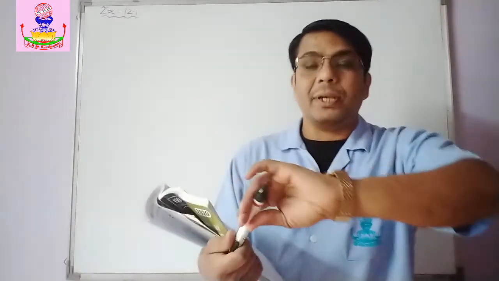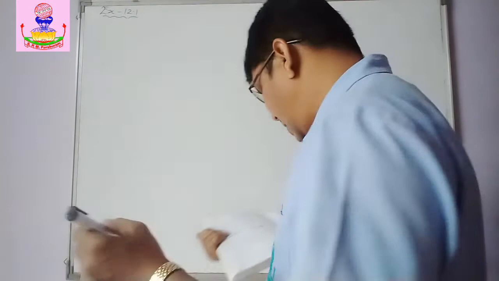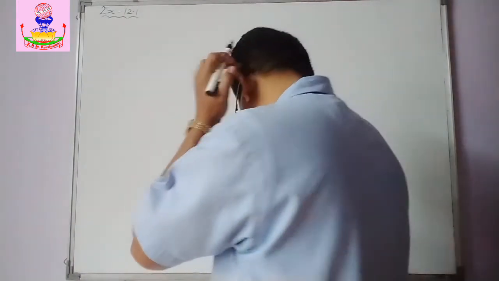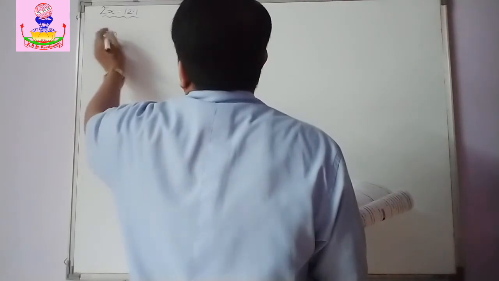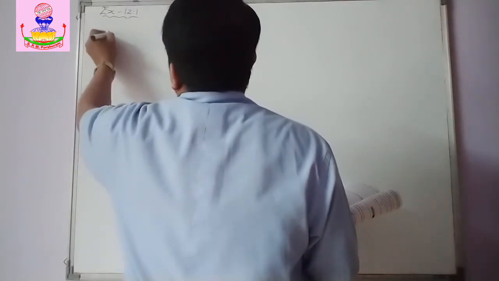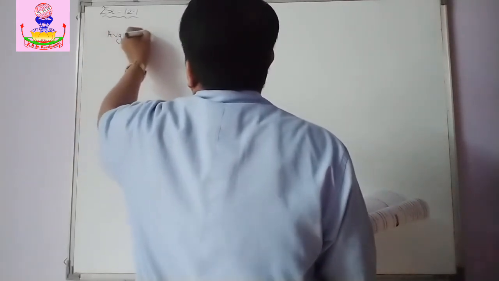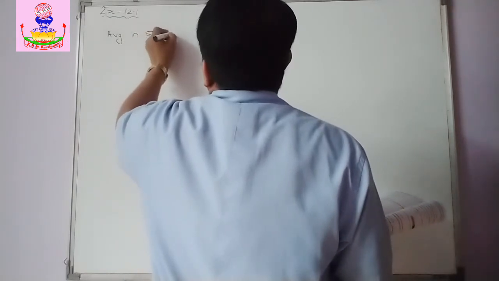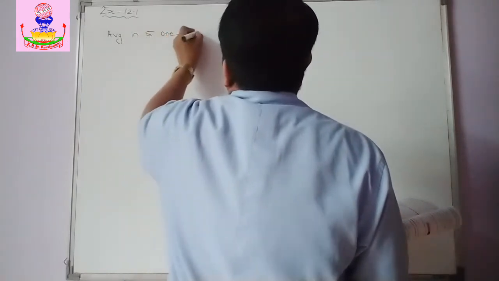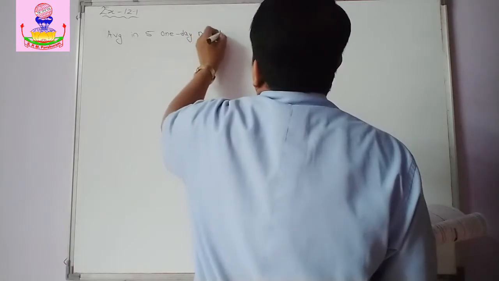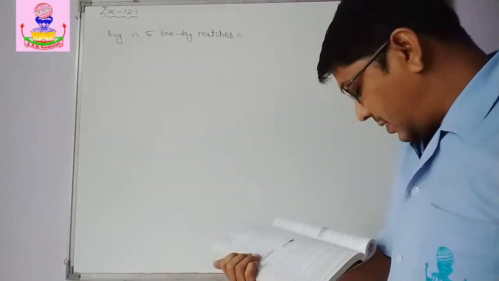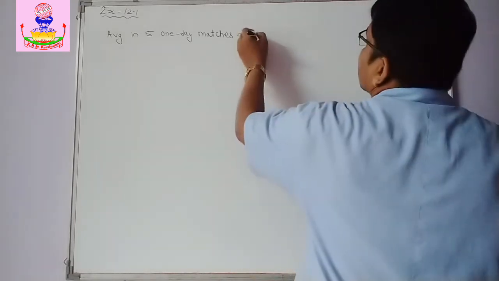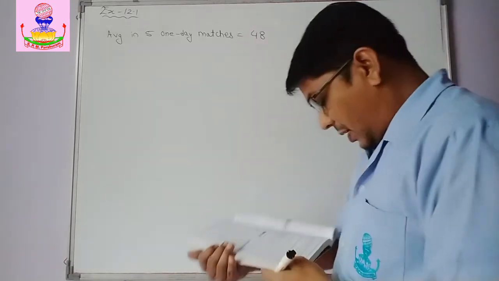Okay, so actual runs scored in fifth match, we have to find it out. Now see what is given. Average in 5 one-day matches is 48.